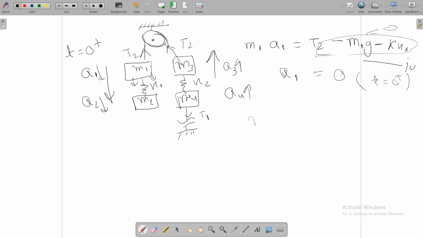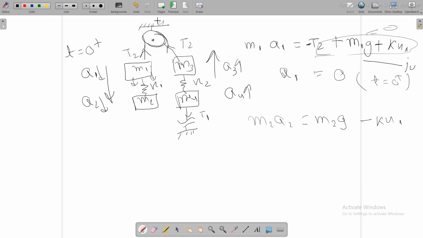Similarly, m2 a2 is equal to, as I am considering this direction, m2g minus kx1.